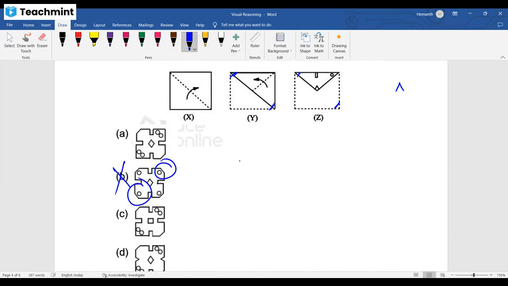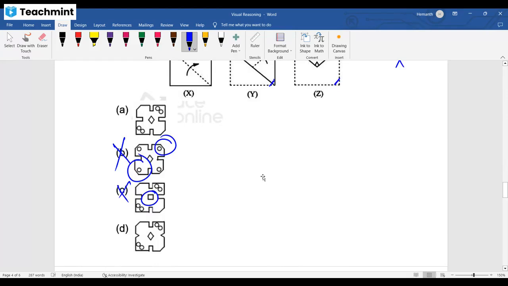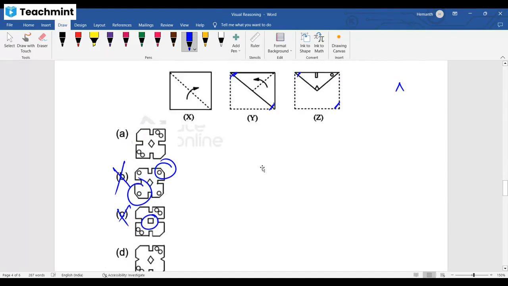Fine. This is wrong. We know the center shape is like this, like a triangle model or rhombus model, but here they gave a square. That's a blunder mistake. That's eliminated. C eliminated.